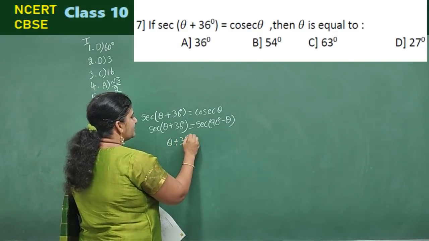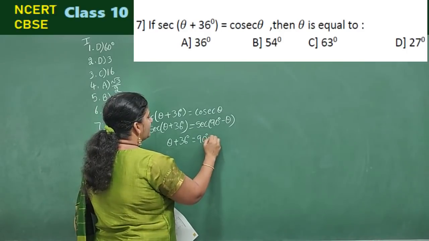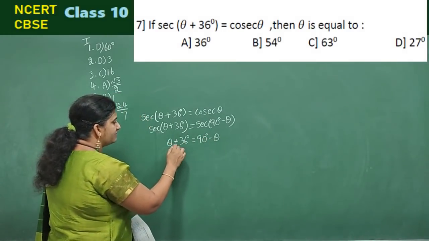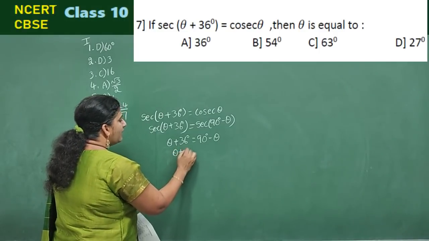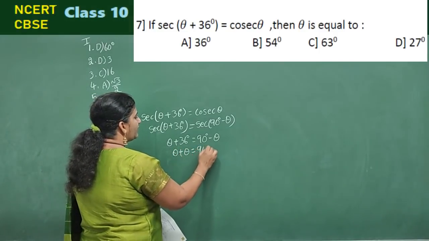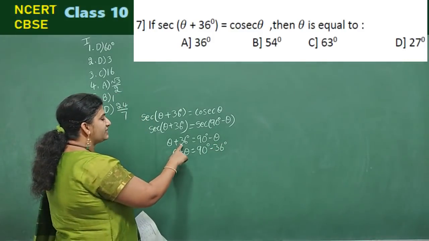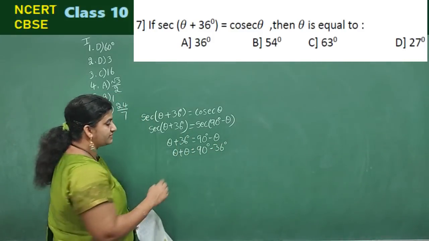Theta plus 36 degrees is equal to 90 degrees minus theta. Theta, bring this side, minus theta becomes plus theta. Theta plus theta is equal to 90 degrees minus 36 degrees. Plus 36, if it goes to this side, becomes minus 36.